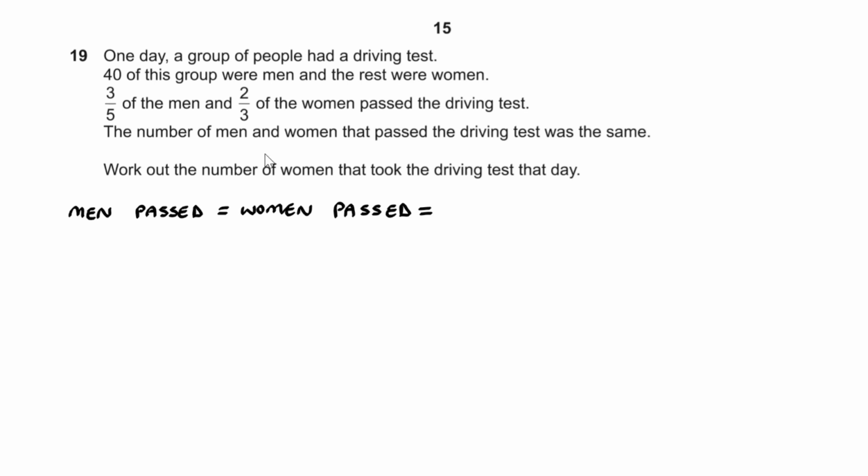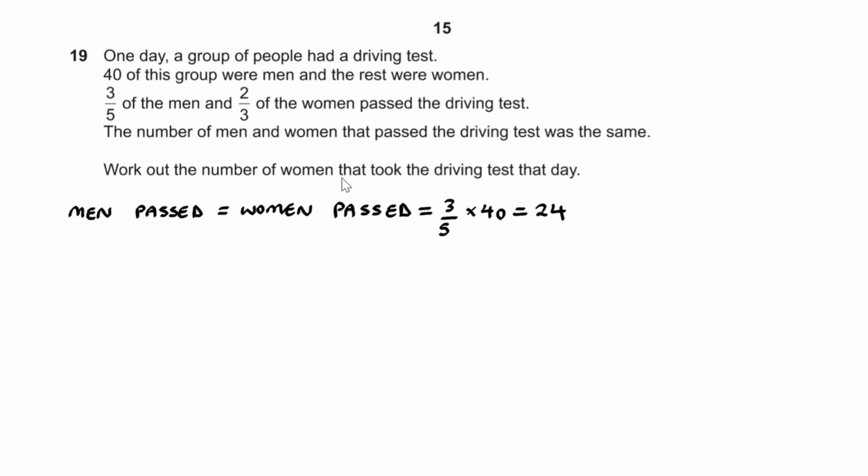And this is of course equal to 3/5 times by 40. So 40 divided by 5, that's 8, timesing that by 3. What we have here is 24. So 24 men passed and 24 women passed.